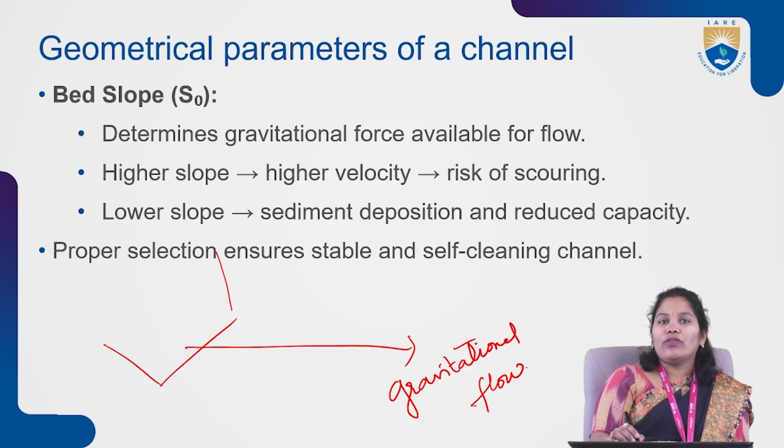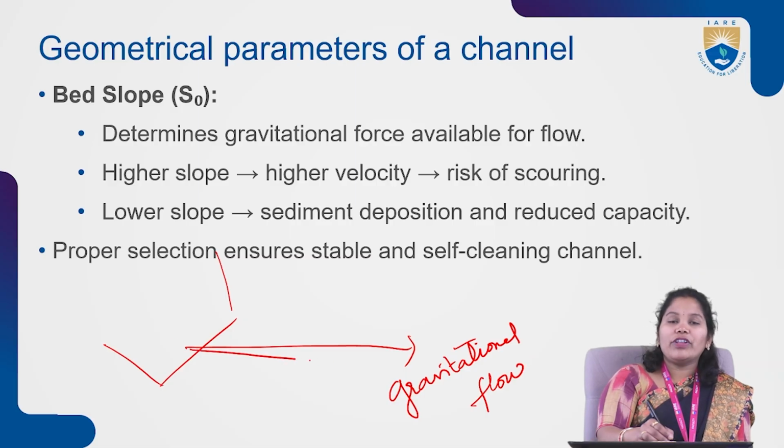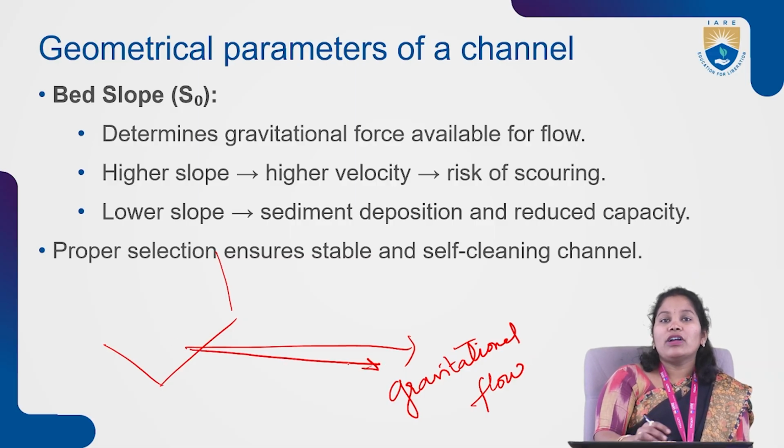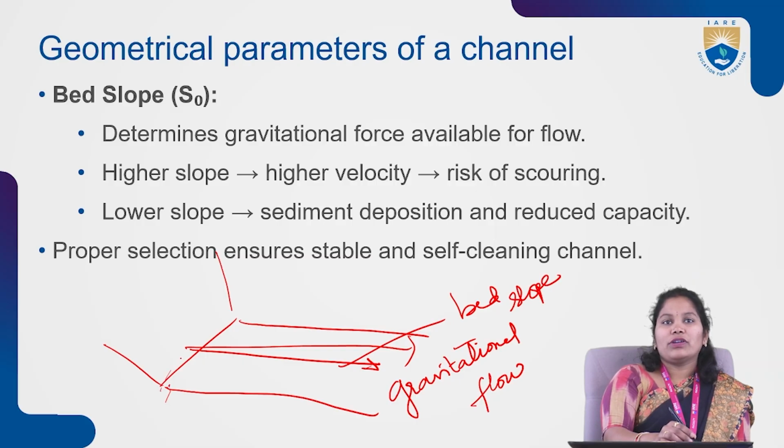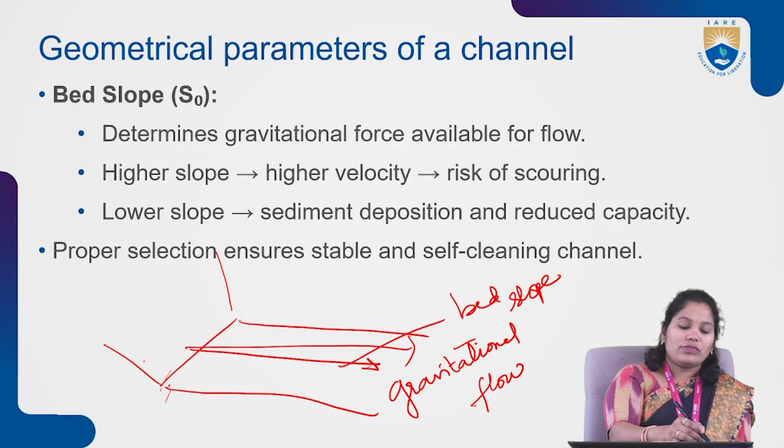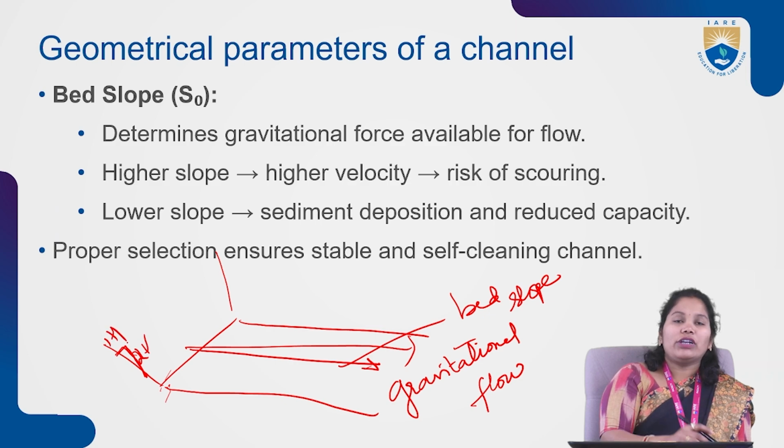Gravitational flow, right? If the channel has a slope, this is your bed slope. The side channel slope is this one: how much it shifts vertically per one horizontal, depending upon your slope.